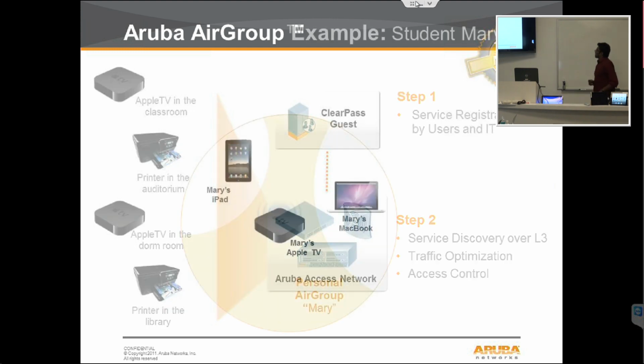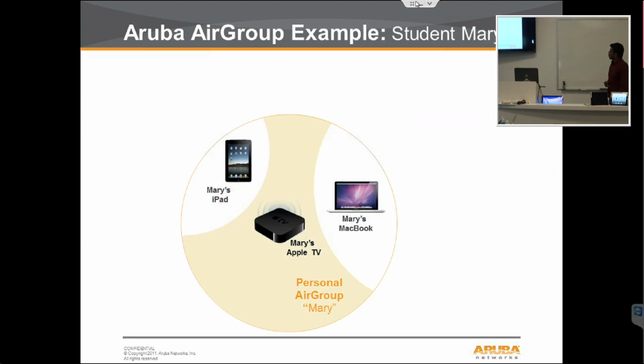So just to give you a quick example of what this looks like, if Mary brings her own Apple TV and she has her own iPad and her own personal MacBook, the Apple TV is her personal device, which means Mary should be able to go in and tell the network, hey, this is my personal device, and nobody else should have visibility into that device. It's only me who gets access to that device.